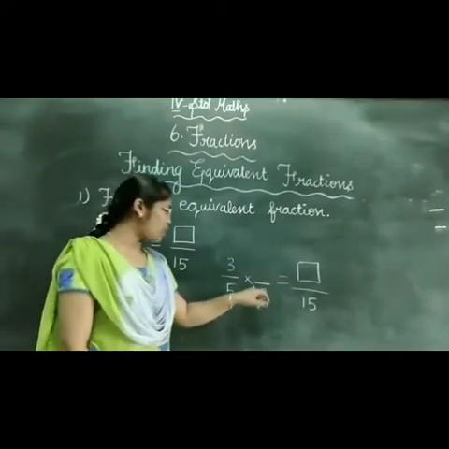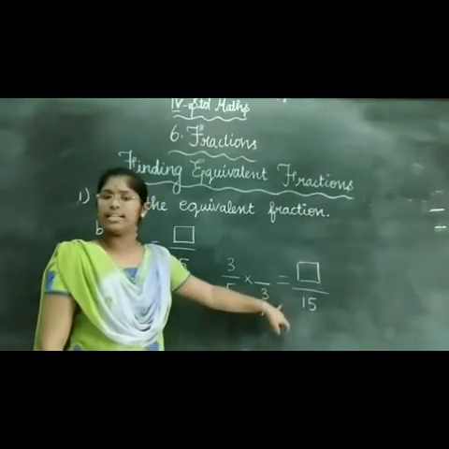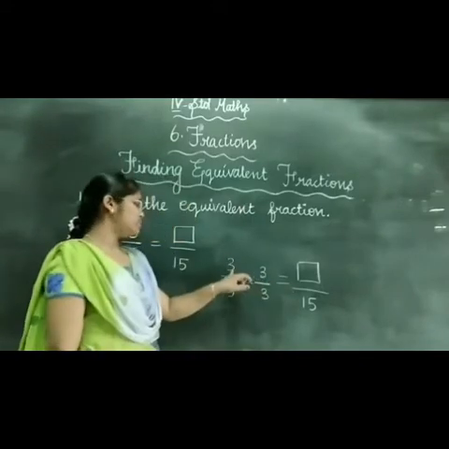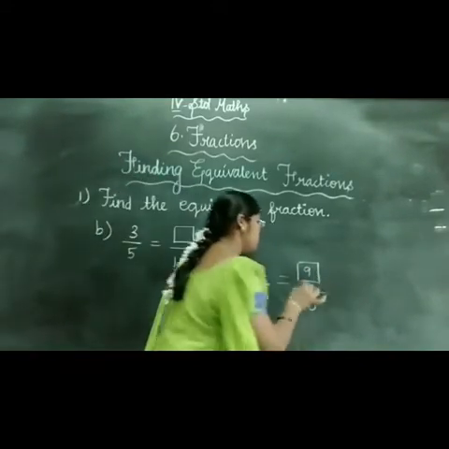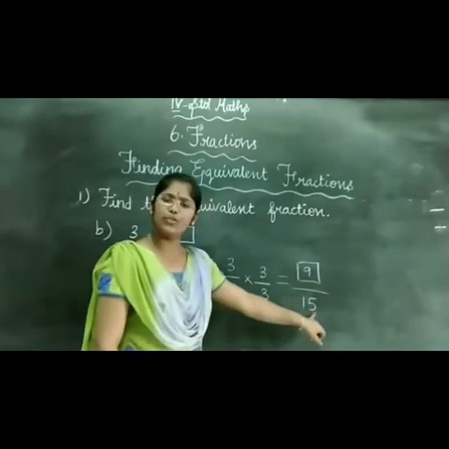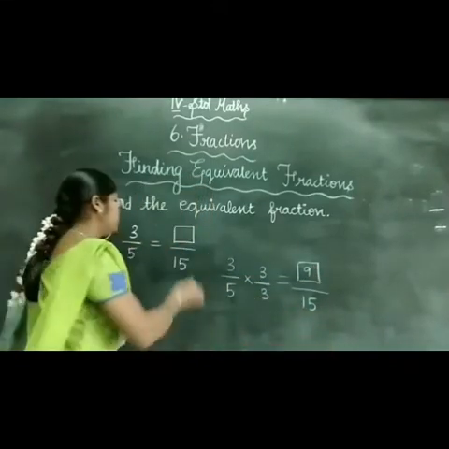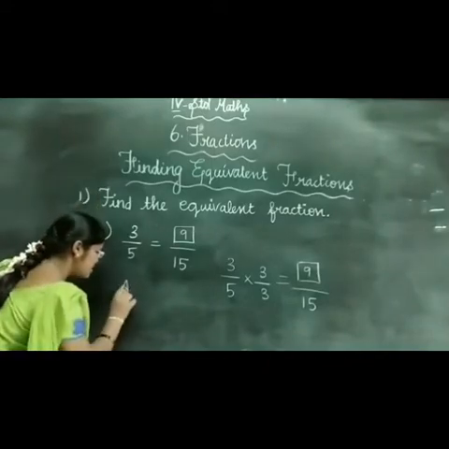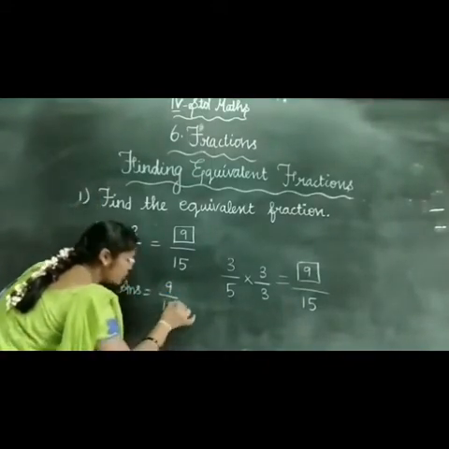Yes, we should multiply the same number in both numerator and denominator. So the number is 3. Then 3 3s are 9. 5 3s are 15. So the fraction is 9 by 15.